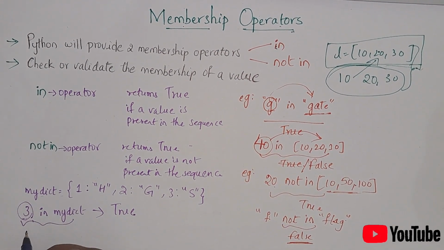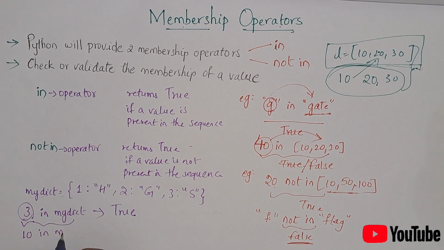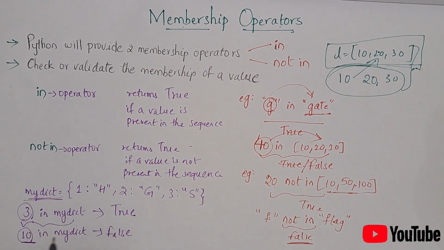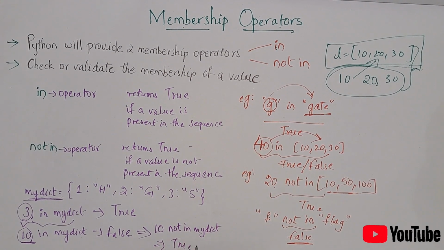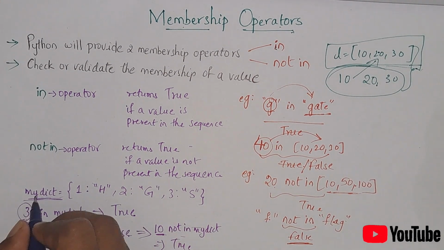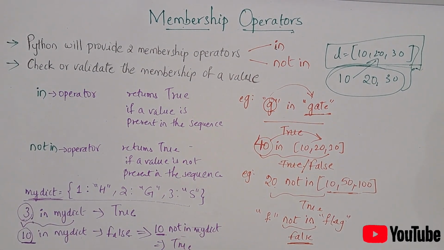If I take 10 in mydic, this results in false because 10 is not a key in mydic. For 10 not in mydic, this will return true because 10 is a key which is not in the dictionary.